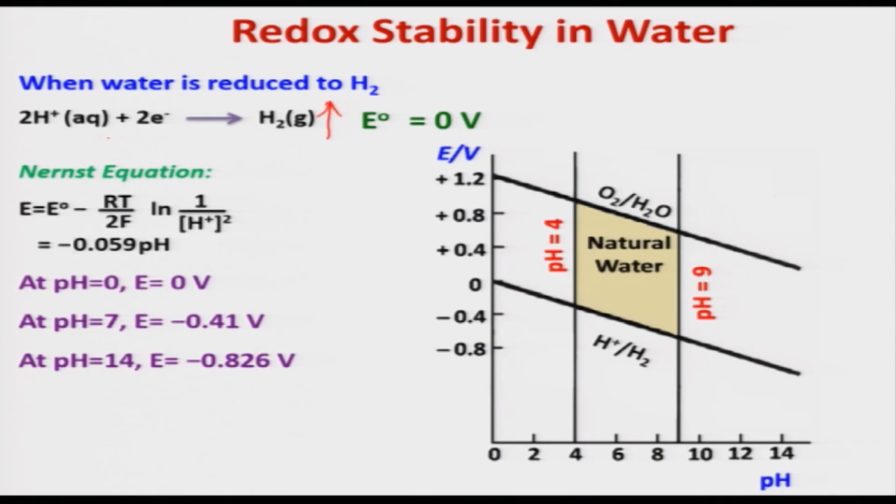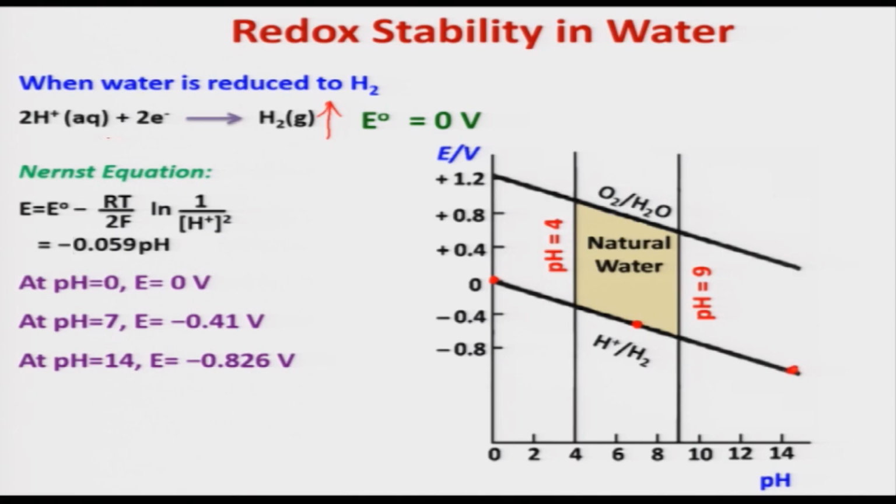For example, at pH 0, the potential is 0, at pH 7, the potential is minus 0.41 volt, and at pH 14, it is minus 0.826 volt.